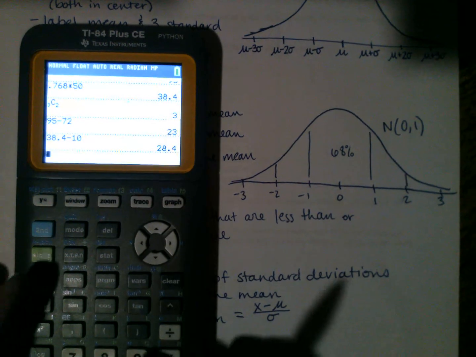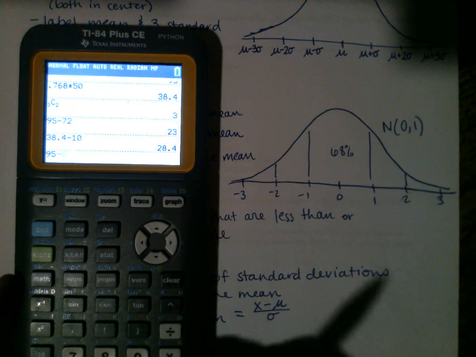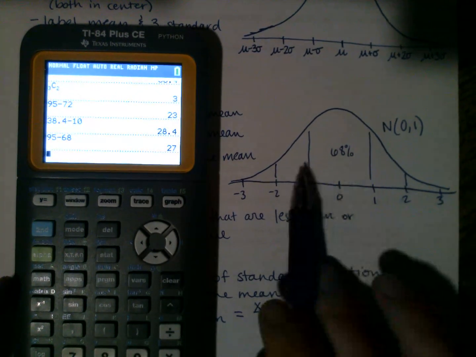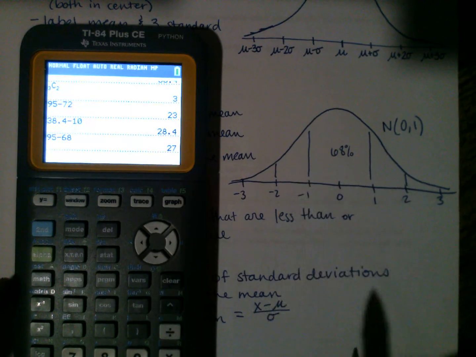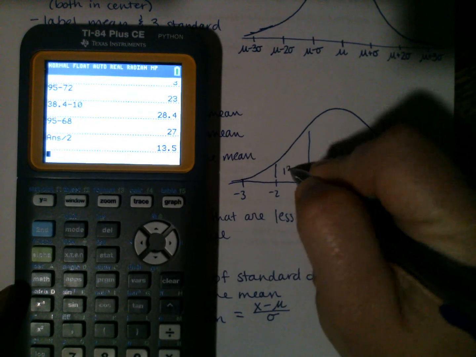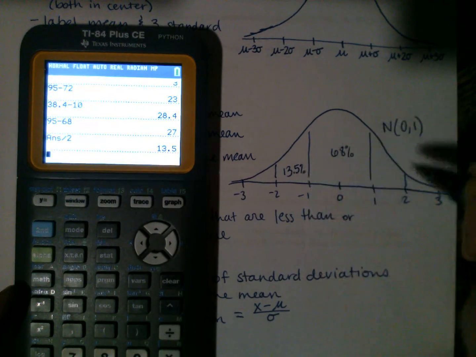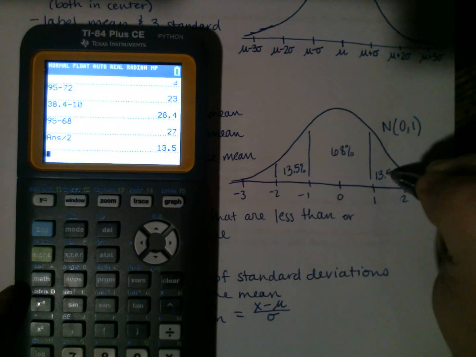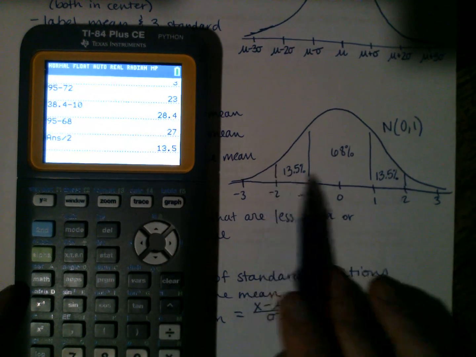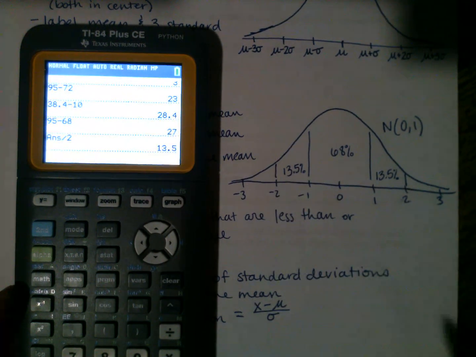Okay, so since I have a total of 95, but I've already accounted for 68, that leaves me 27% between these two sides. And if I divide that by 2, that leaves 13.5% for each of these individually. Okay, so at this point, I've got a total of 95%.